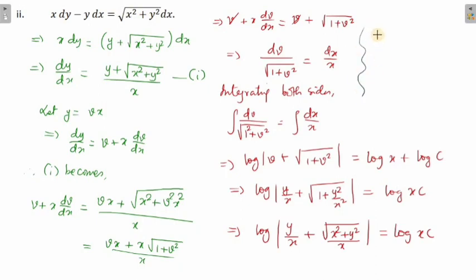So from here you will get, okay, let me simplify this also at the same time. So in the denominator you have x plus y plus root over x square plus y square will be equal to xc. Okay, so from here do the cross multiplication, you get y plus root over x square plus y square is equal to x into x, which is x square c.